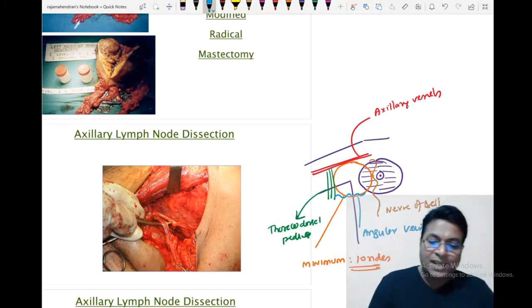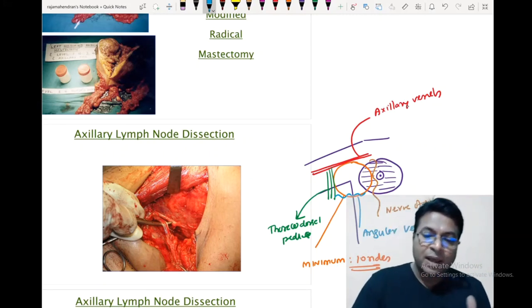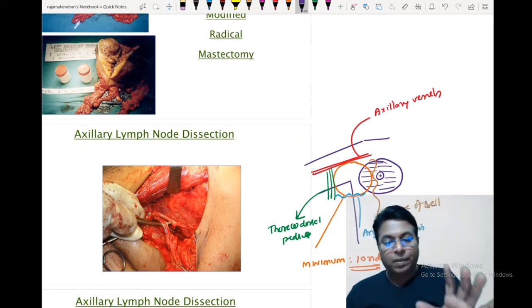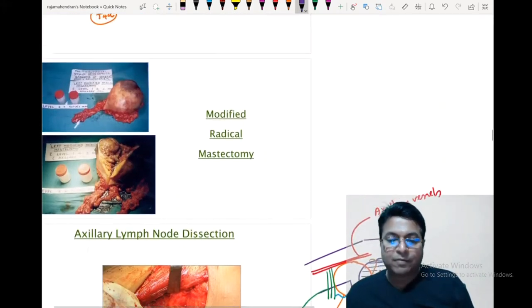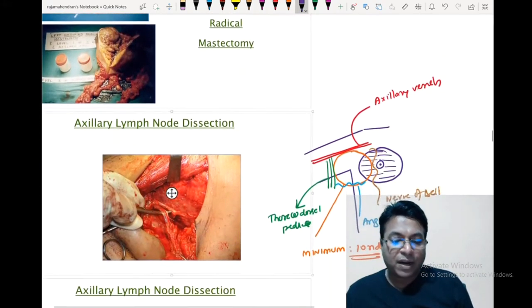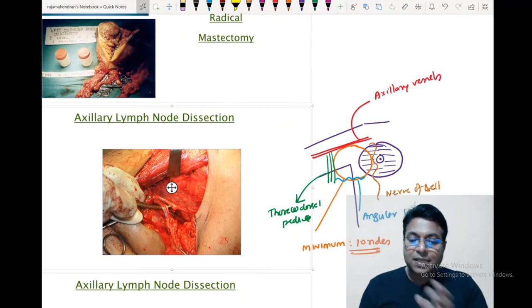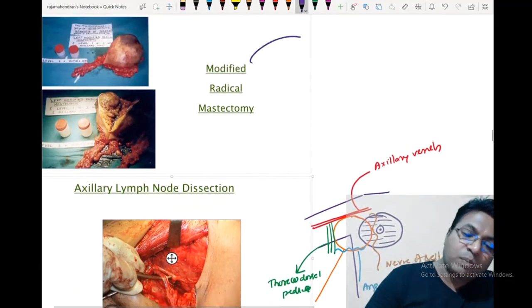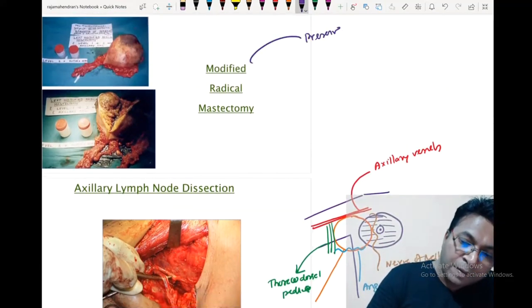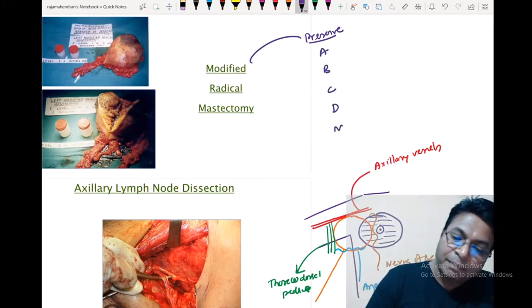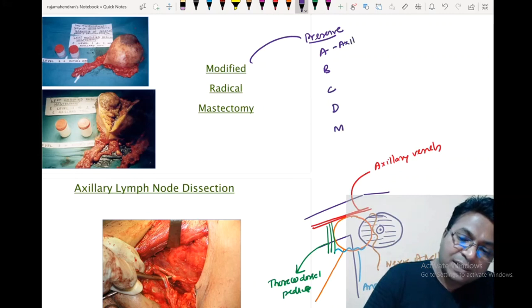So what are the boundaries of axillary dissection is a repeat AIIMS question. For the FMG exam they will ask you the minimum number of nodes that should be removed, minimum 10 nodes, and what are the structures preserved in MRM. Preserved structures are remembered as A, B, C, D and M. A for axillary vessels.